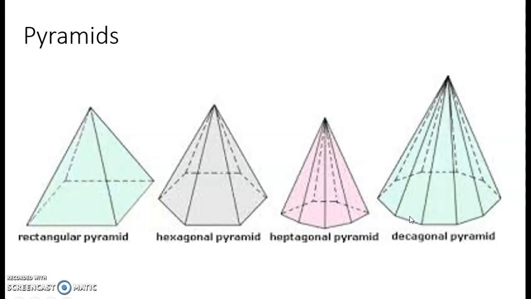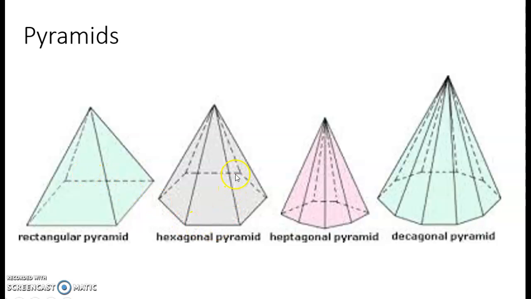When we talk about polyhedra, we can organize them into 2 different groups. One group is the pyramids. Pyramids have some type of base, and then all of the lines come up to meet at a single point. This is a rectangular pyramid because the bottom of it is a rectangle.